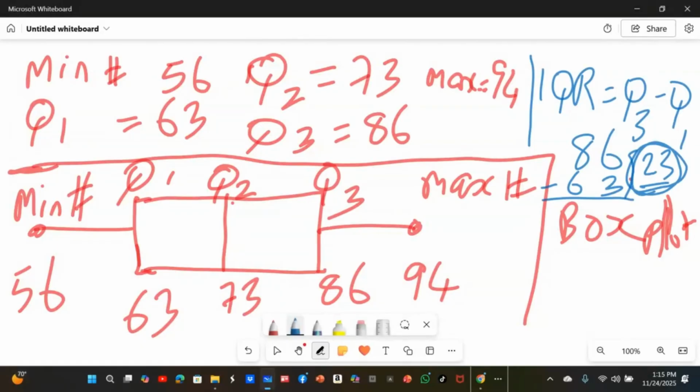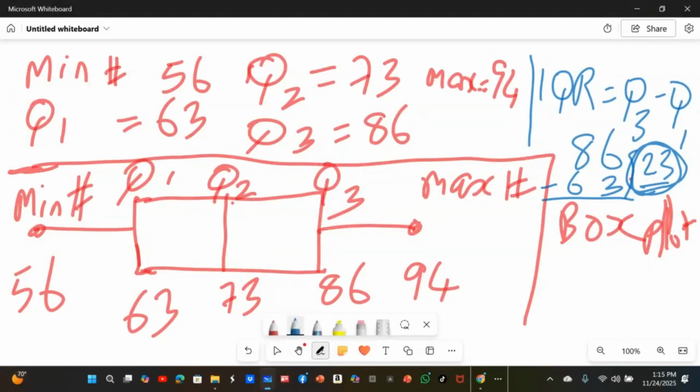The second quartile, which is the median, is 73%. That means the person who scored 73 did better than 50% of the class.